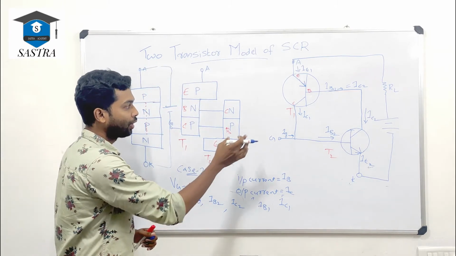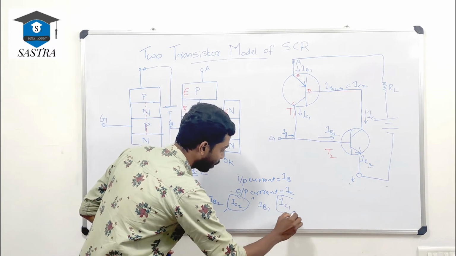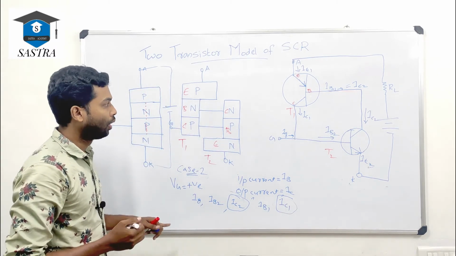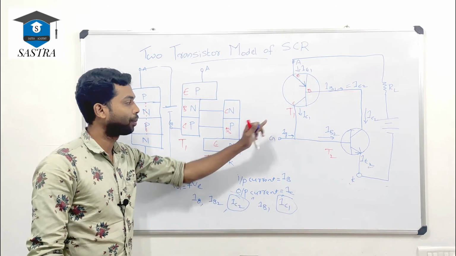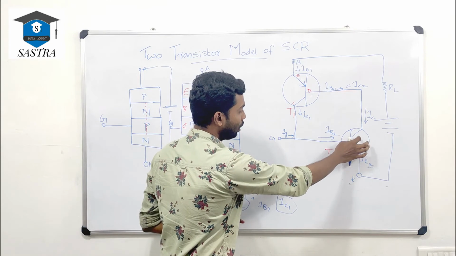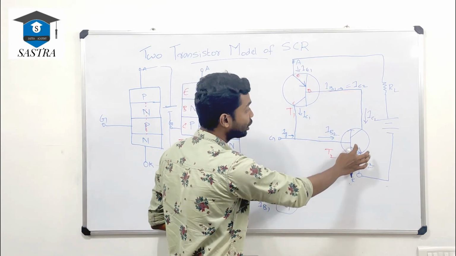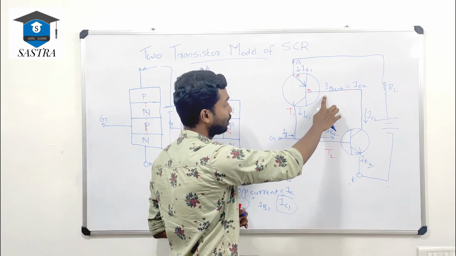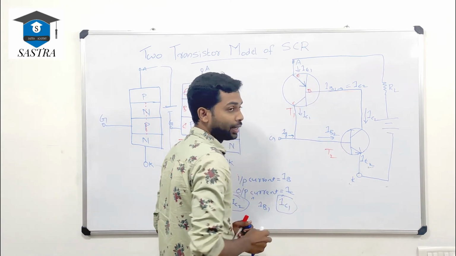The output currents of both transistors, IC2 and IC1, are present, and the base currents are present. That means the first transistor T2 is providing input current to the first transistor, and the first transistor T1 is providing input current to the second transistor.